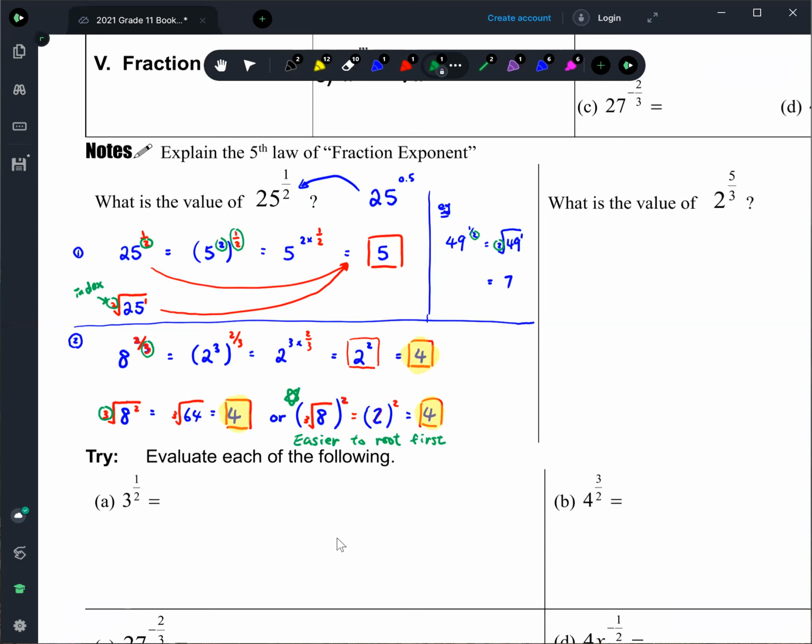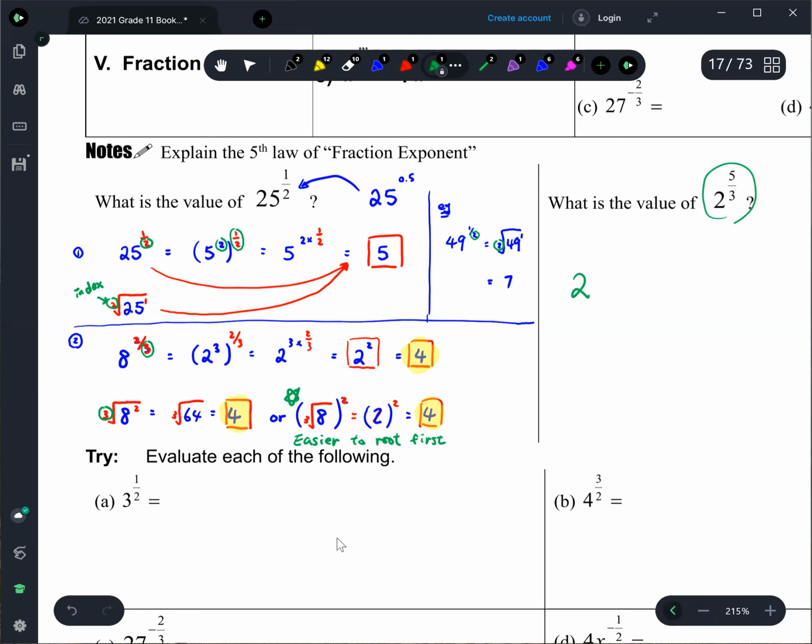Okay, so for example, on the right side, I would like you to try to rewrite this in 2 different ways. 2 to the 5/3. Please write it in 2 different ways. One is the root first, the other way is the exponent first.